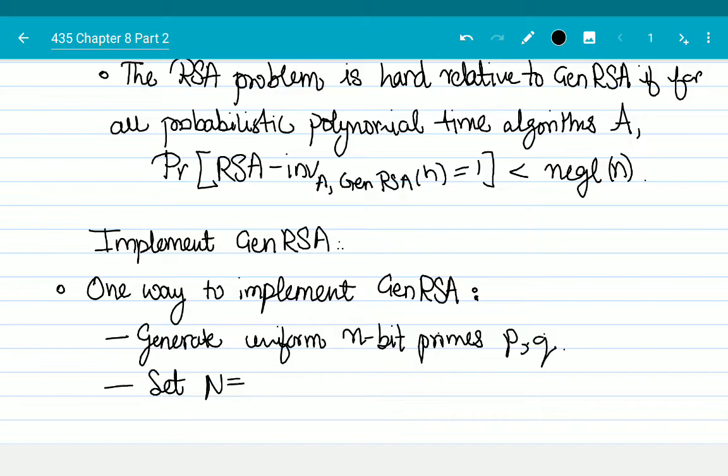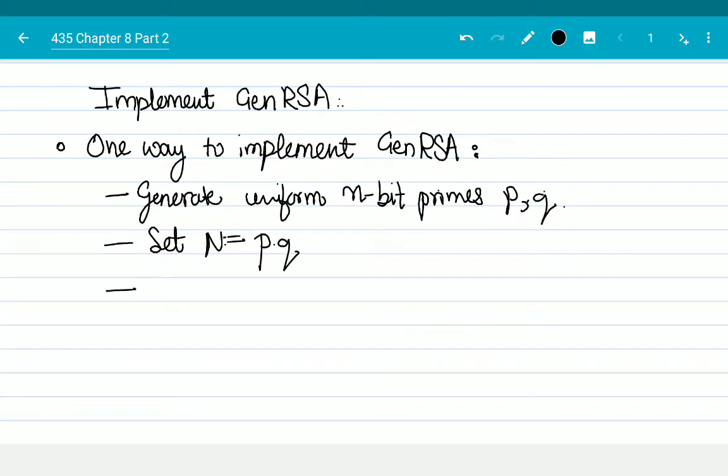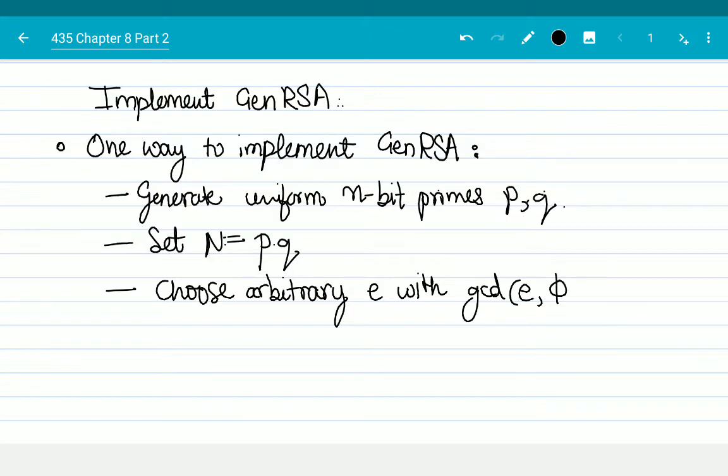Well, set N is equal to PQ. Now choose an arbitrary E with GCD of E, phi of n is equal to 1. How do you do that? Well, all you need to do is avoid any multiple of P and Q. These are the only things that will have non-1 GCD with phi of n.